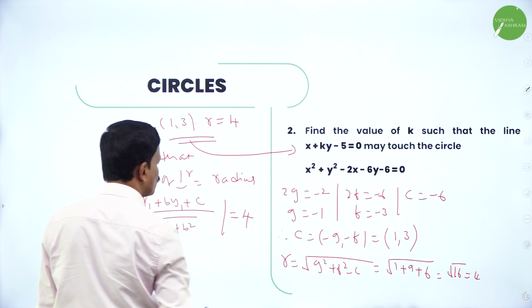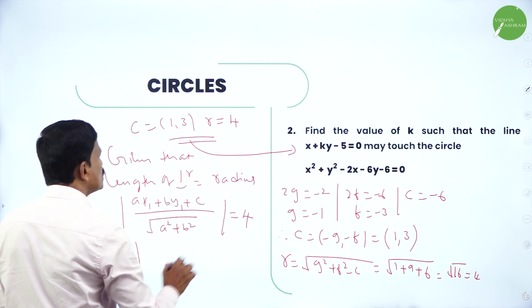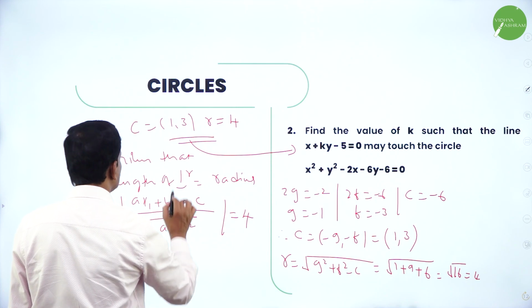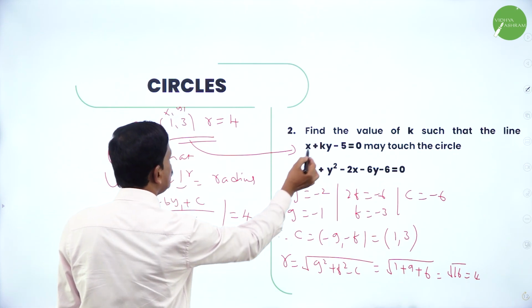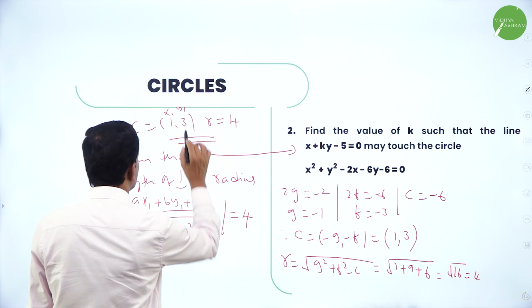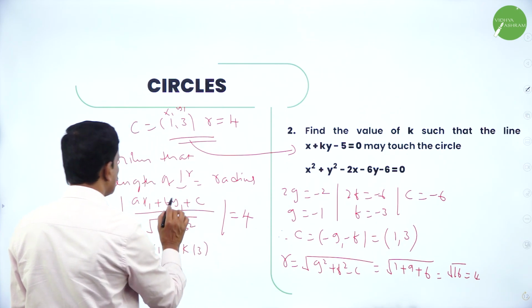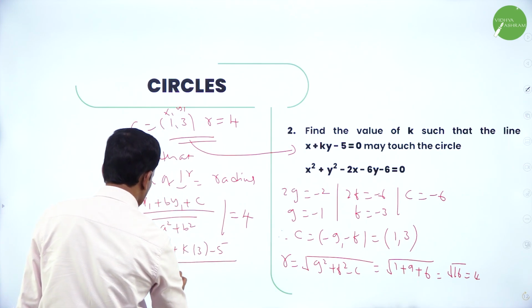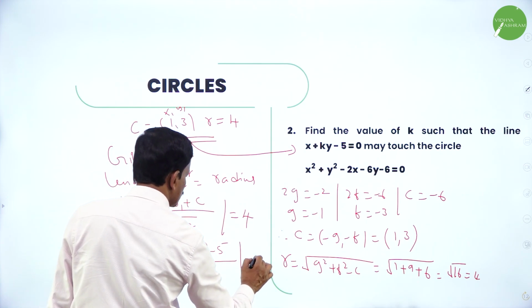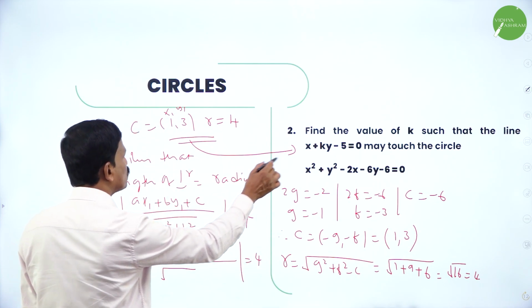What is the radius? 4. Substitute here. What is a? A is 1, into 1, plus b is k, into y1 which is 3. ax1 + by1 + c is here -5, divided by root of a square plus b square, equal to 4.